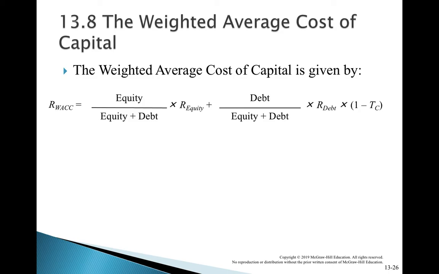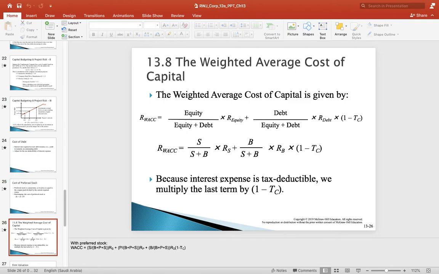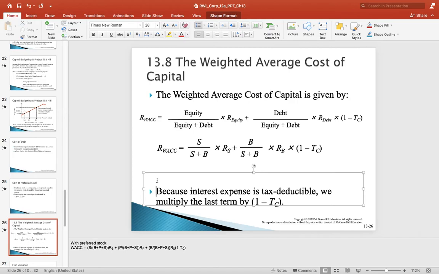If you want to write down this example, you can write it down also. Here, for example, 10% is the cost of equity, so R equity is equal to 10% and R debt is equal to 5%. This is pre-tax.